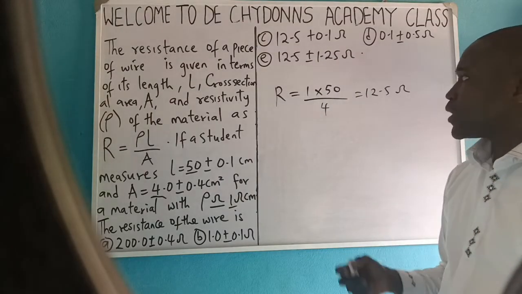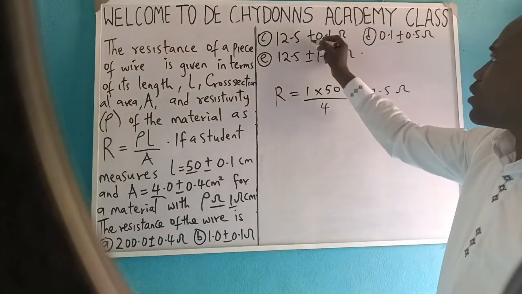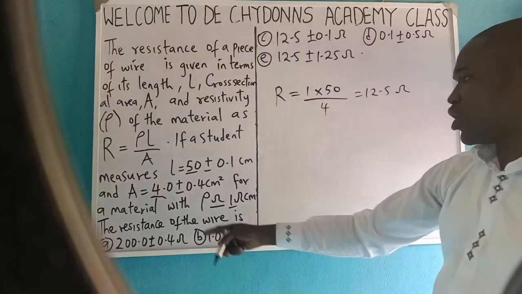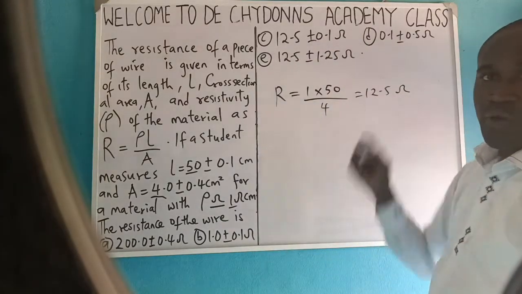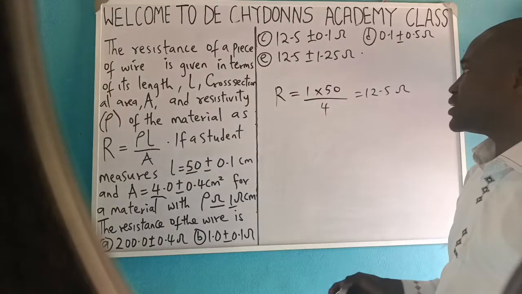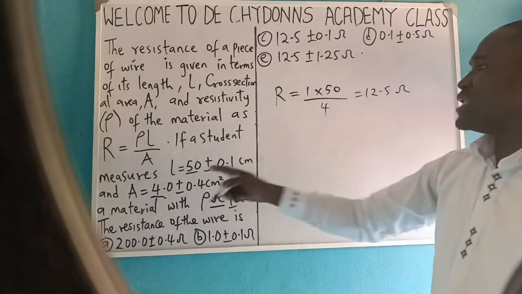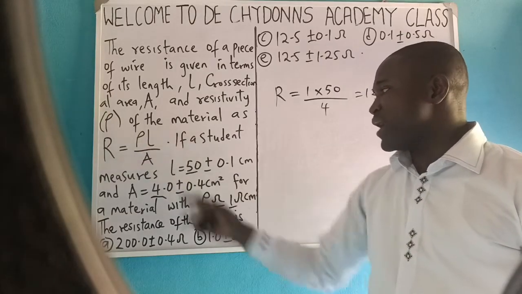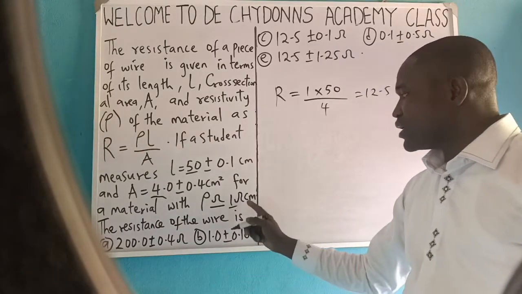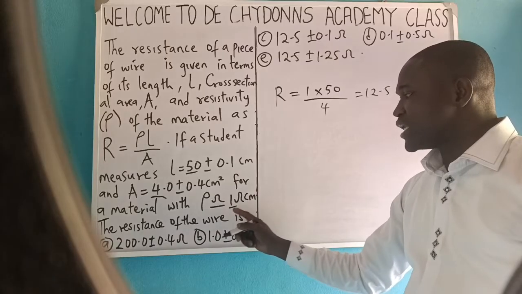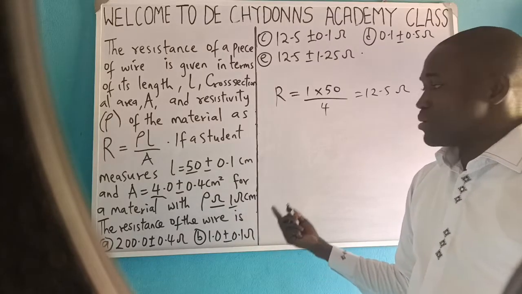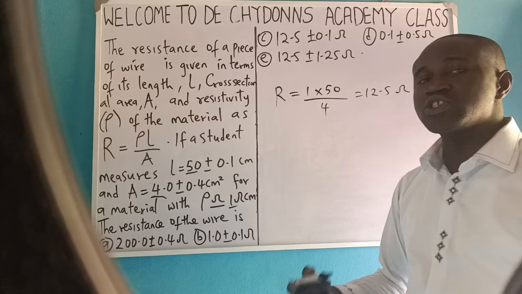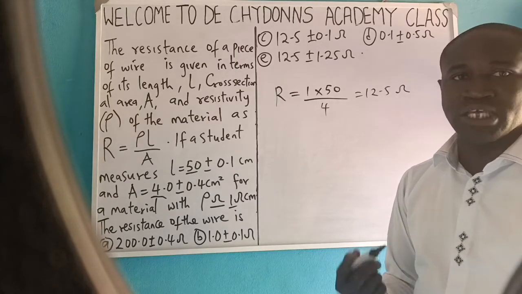Then this plus or minus that they attach in the option means we are to get the error involved in determining this. But remember that this R given to us is resistivity times L over A, and the error for that resistivity is not given to us. That means the resistivity is not measured with a measuring instrument.